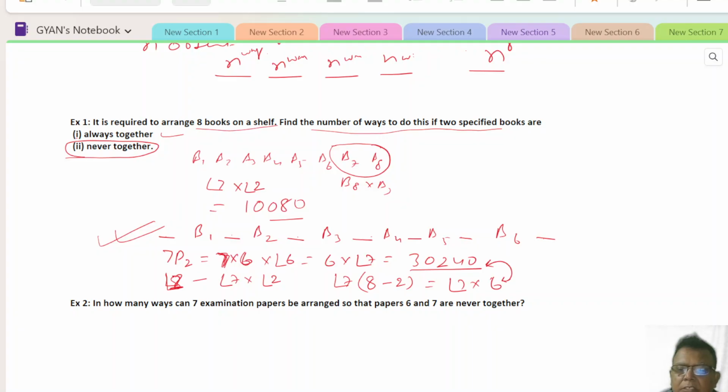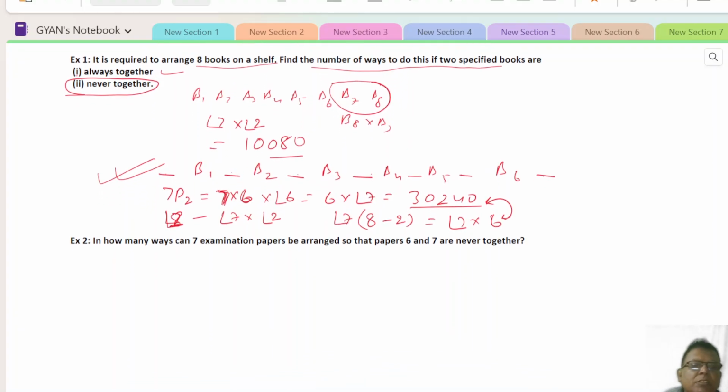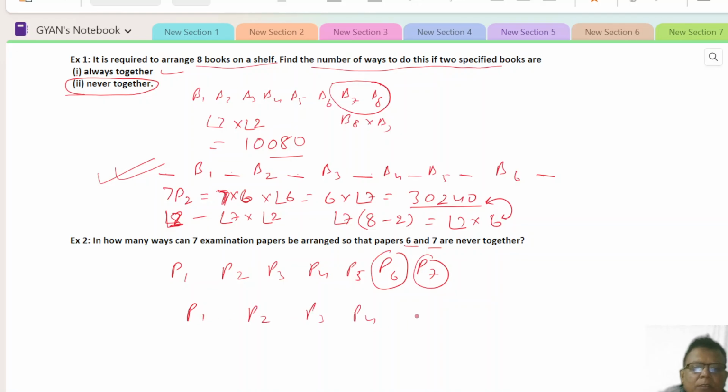Now come to the second question. In how many ways can 7 examination papers be arranged such that paper 6 and paper 7 are never together? So 7 papers are there, P1, P2, P3, P4, P5, P6 and P7. P6 and P7 should never be together. So you make spaces for these two, around P1, P2, P3, P4 and P5. So here is a space, here, here, here, here, and here. Total how many spaces? 6 spaces.